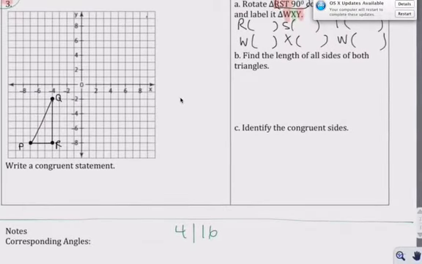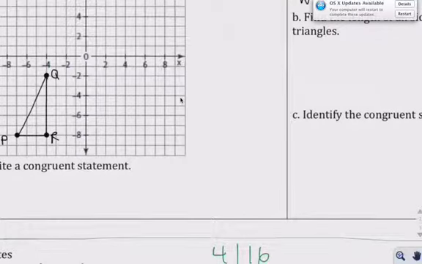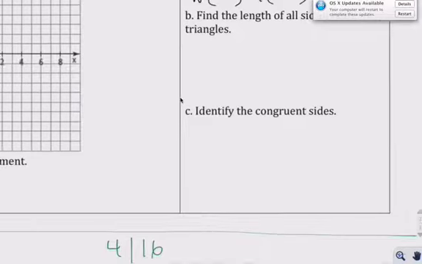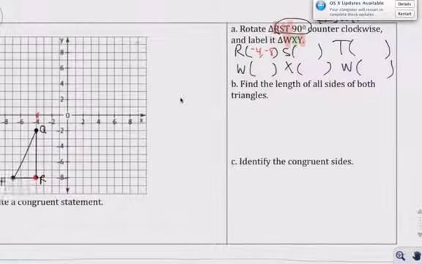Okay, let's do R first. R is negative 4, negative 8. Now it's 90 degrees, the numbers switch to 8. Okay, 90 degrees clockwise. Here's 0 degrees. 0 degrees is where the shape is. Counter is going the opposite.